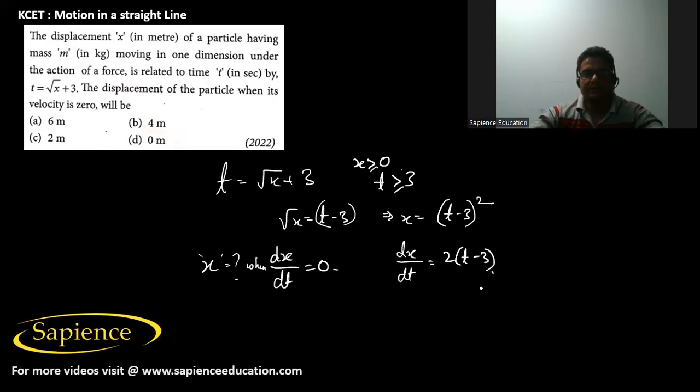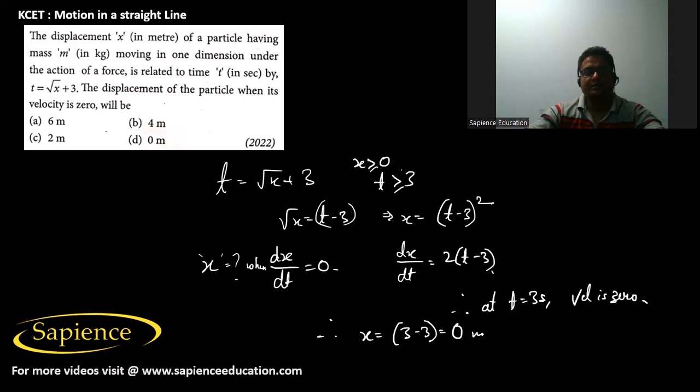So therefore we can see that at t is equal to 3 second, velocity is 0. So therefore x will be equal to 3 minus 3 whole square, that is also 0 meter. So option D is the correct answer. It means when the velocity is 0, then the displacement of the particle will be 0 also.